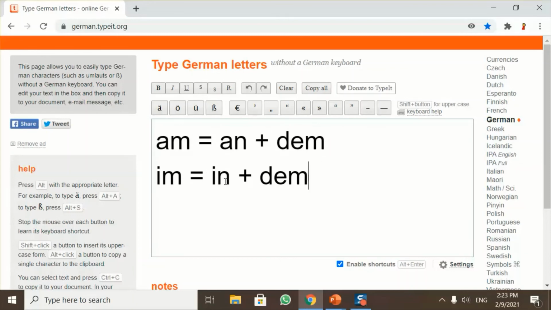And we combine in with dem and it is shortened to im to mean in when we are talking about the months. So, in a particular month. But also when we are talking about the year. So, im Jahr. So, you just need to know am and im for the time being.